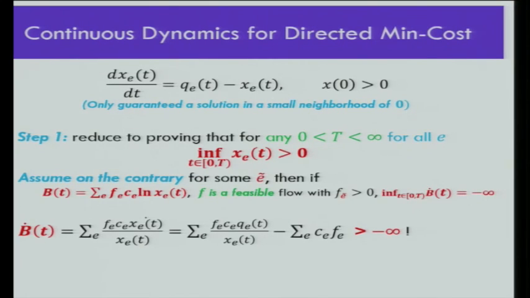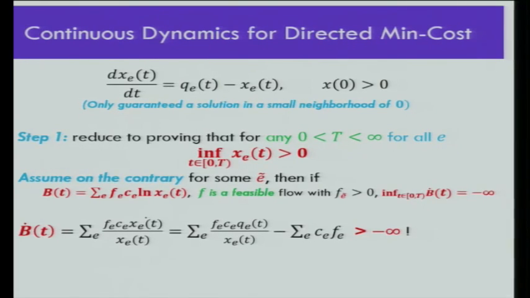And this is always non-negative. So at most this is some large negative constant. So this cannot go to minus infinity if there is such a feasible flow. Why would the derivative go to minus infinity? Because you have a function which remains bounded. We can show that it remains bounded. And it is going to minus infinity, so the derivative must go to minus infinity.